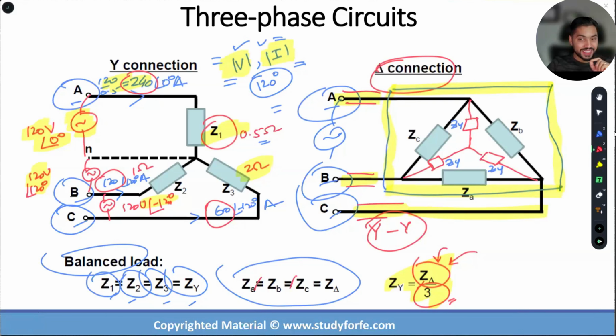And that's why I can go about transforming a delta load into a Y load for ease of calculation, analysis, and manipulation. The same is true for the Y on the source side.